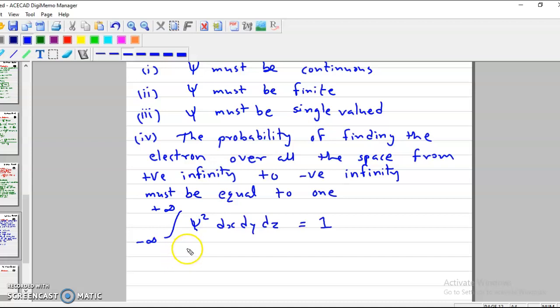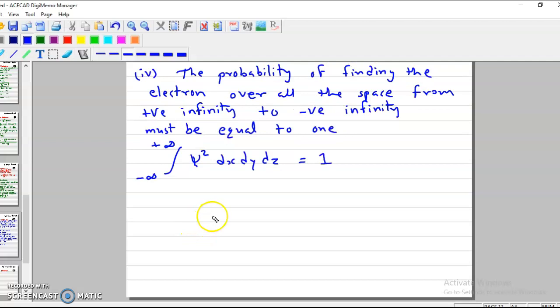Okay, so these are the four conditions of this equation. I will explain a little bit about these four conditions. Well, the elaborate explanation about this will be given in later stages, but at present just accept it.